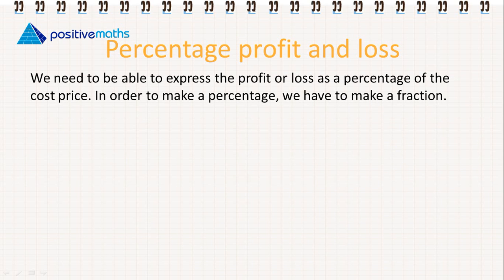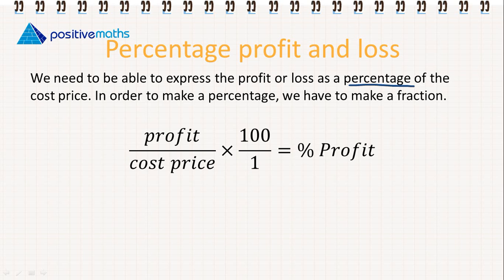We need to be able to express the profit or loss as a percentage of the cost price. In order to make a percentage, we have to make a fraction. So we're keeping this in mind. To find the percentage profit, we have the profit over the cost price.